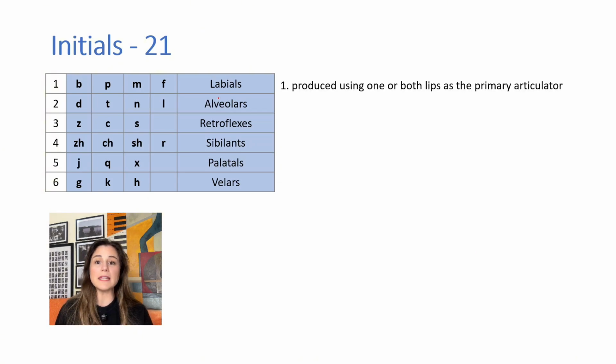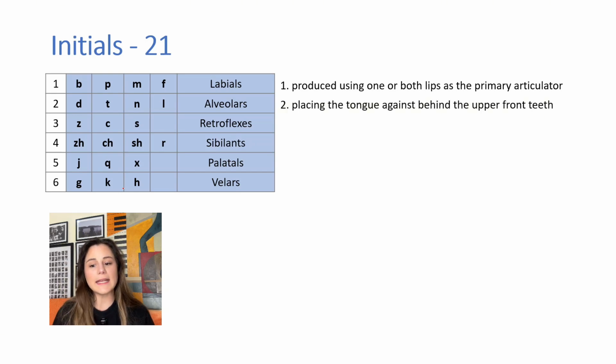Labia means lips, and we need to use our lips while pronouncing them. Let's begin. So the first one is bo, po, mo, fu. I very actively use my lips to pronounce them.